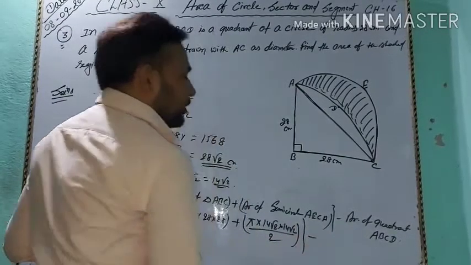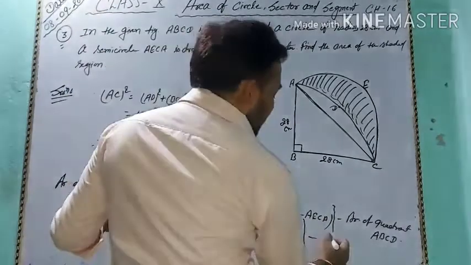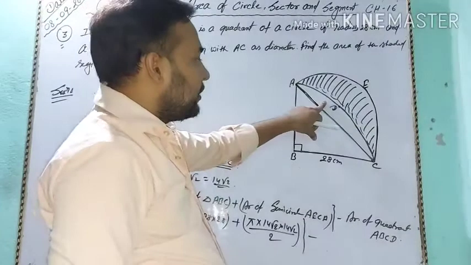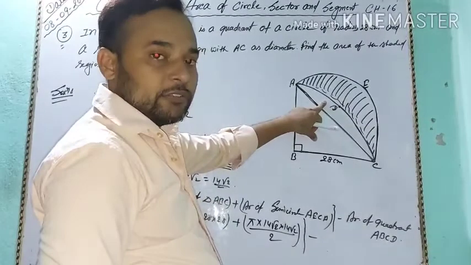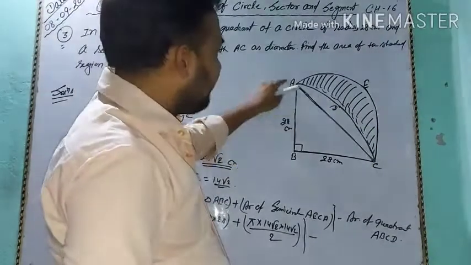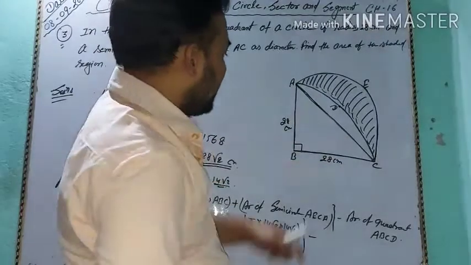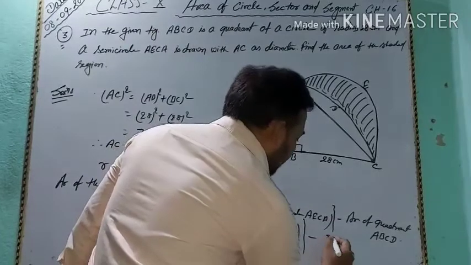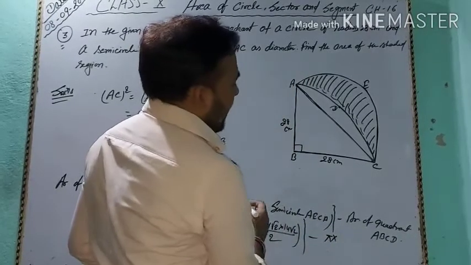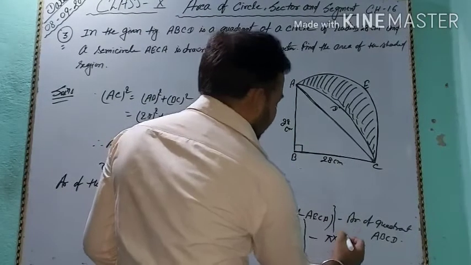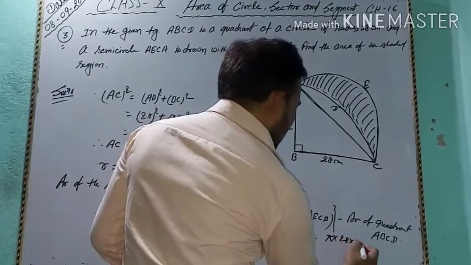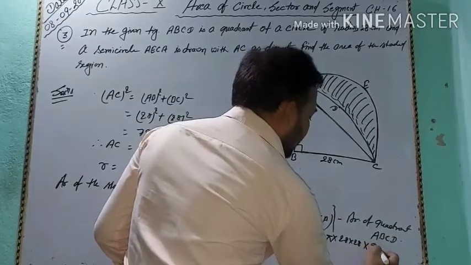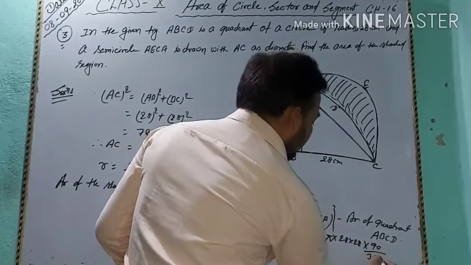Minus area of the quadrant ABCD. This quadrant is like a sector. So area of the sector ABCD, the central angle is 90 degrees. So pi r square theta, r is 28, theta equals 90 degrees by 360.